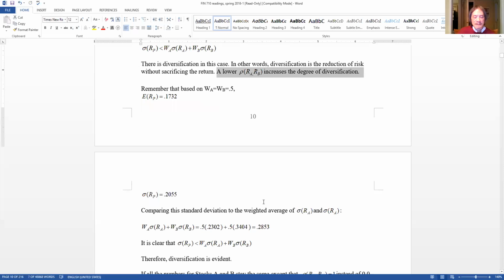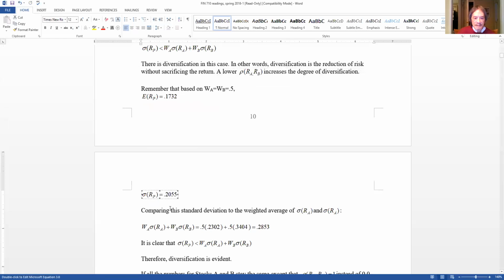Now we have some numbers. Again, we use the numbers that we obtained here above. So remember, we have these two numbers. When we combine A and B with equal weights, then we have this expected return and this standard deviation.